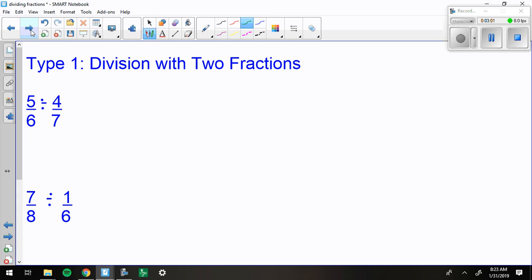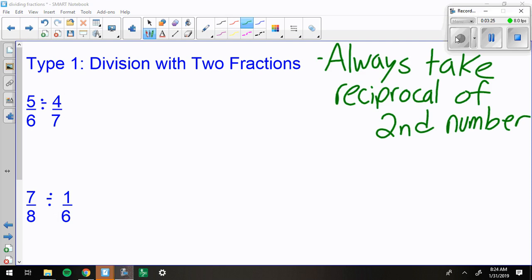Because remember, this isn't addition and multiplication, where the order of our two factors or numbers that we're adding doesn't matter. In division, it does. So we always take the reciprocal of the second number.